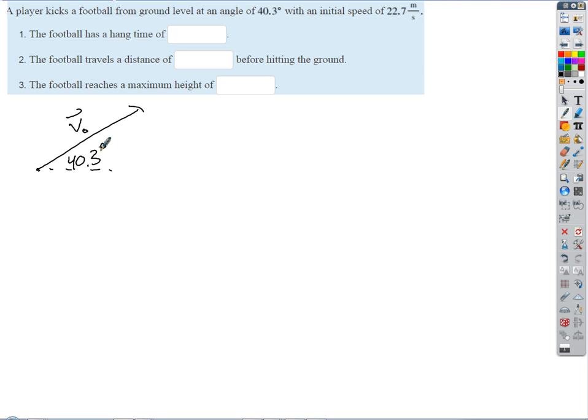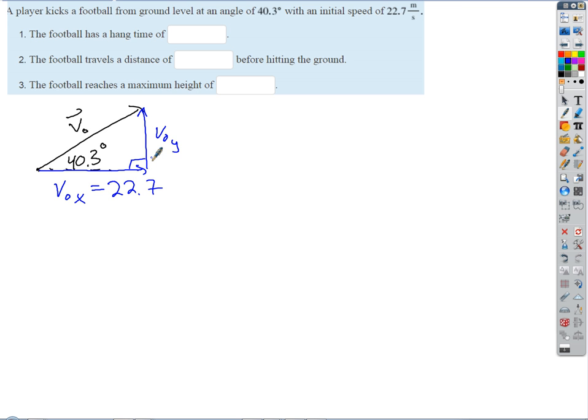So we could break this up into what we might call V naught sub x and V naught sub y, right? Okay, Lucas, if the magnitude of this vector is 22.7, what is V naught sub x going to be?